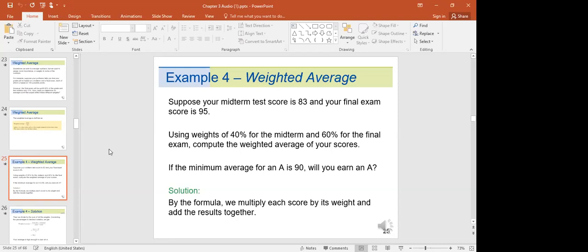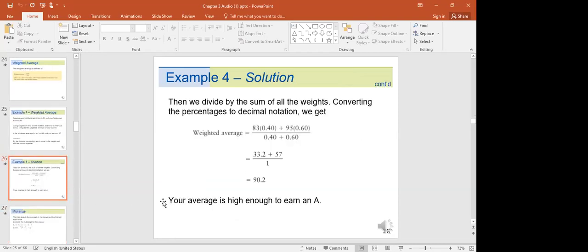If the minimum average for an A is 90, will you earn an A? So we will use this formula for the weighted average, and we will do 83 times 0.4 plus 95 times 0.6, and then divide by 0.4 plus 0.6. We will get 90.2. So the average is high enough to earn an A.